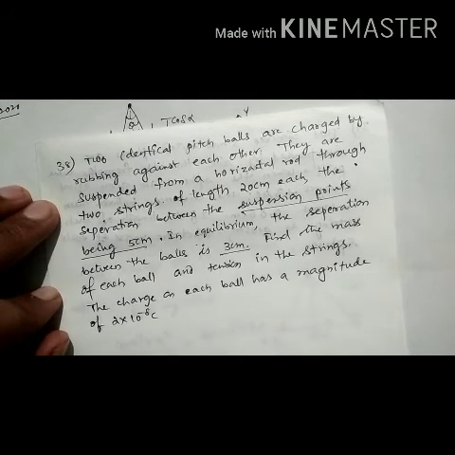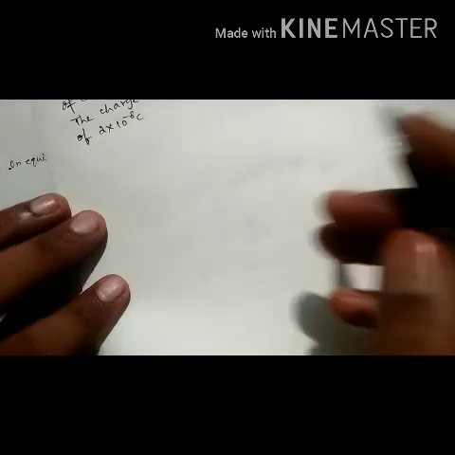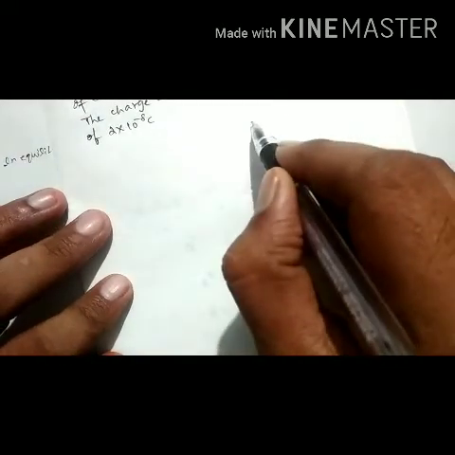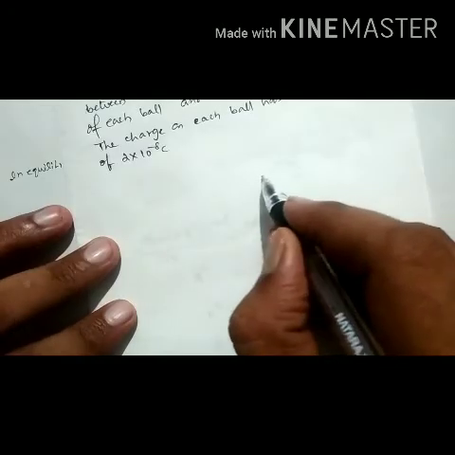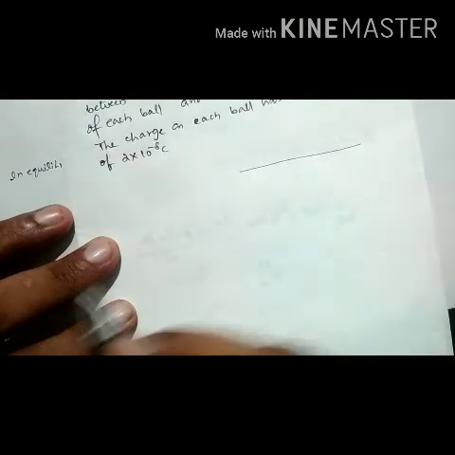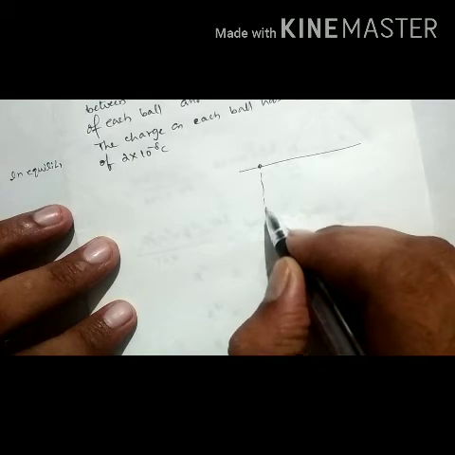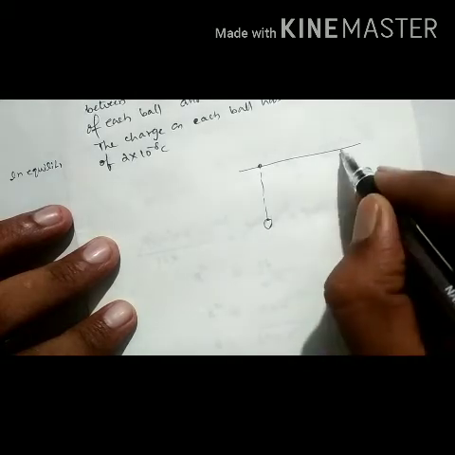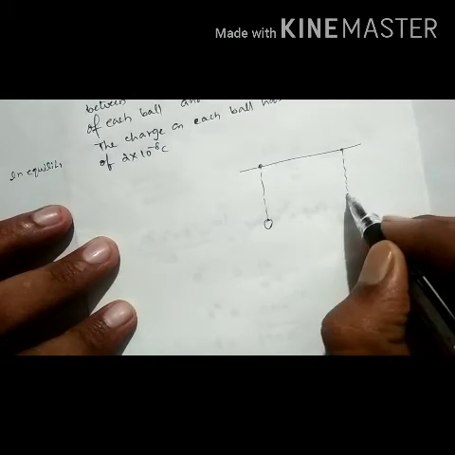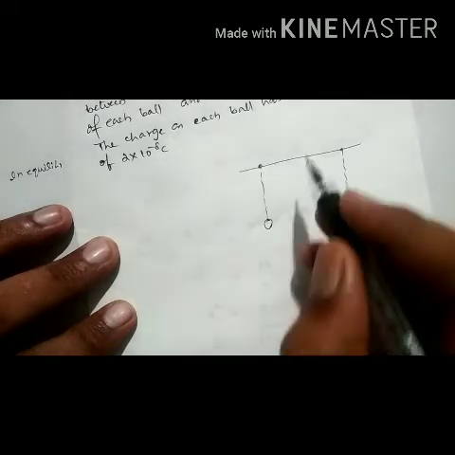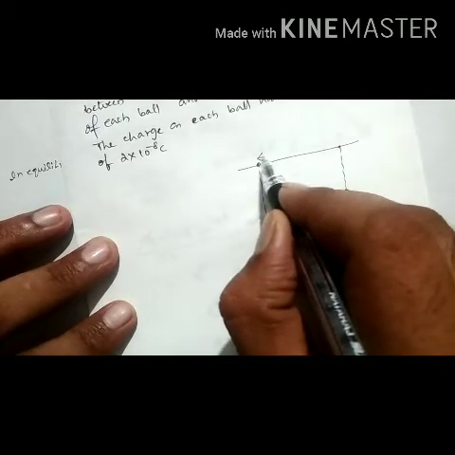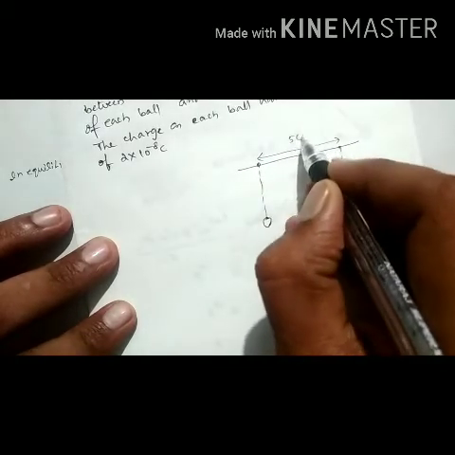I will draw the diagram. Here, they are not tied to the common point. This is a rod, and two pith balls are connected by strings. The distance between these 2 points is 5 centimeters.